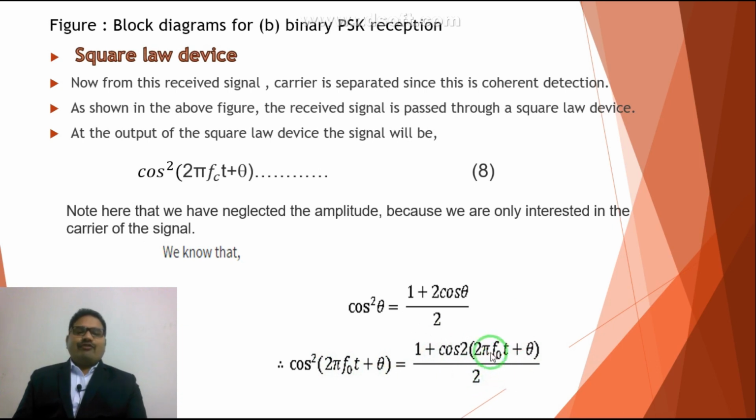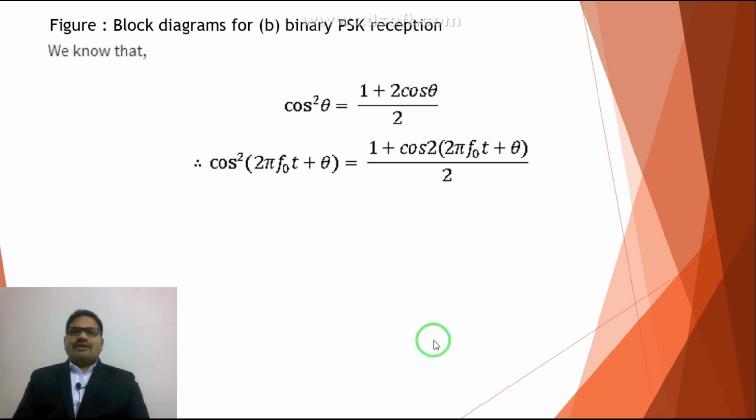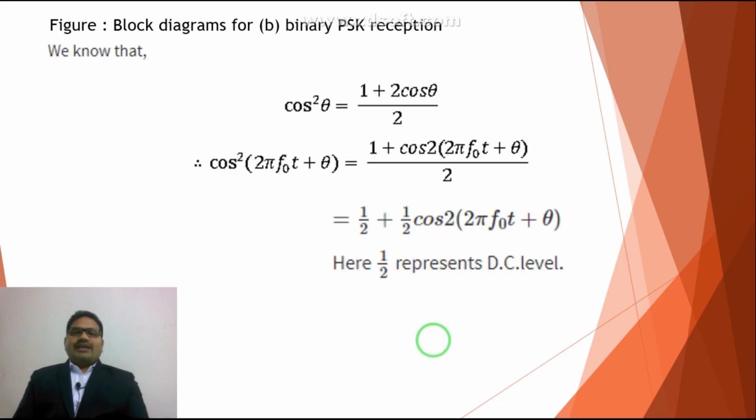Here f0 and fc are one and the same, your carrier frequency. So we can separate this term and write 1/2 plus 1/2 cos(2 pi f0 t plus theta). Here 1/2 represents the DC level.